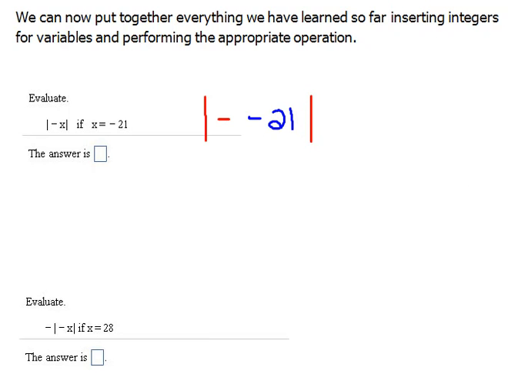And we're replacing that something with negative 21. We'll look within this absolute value bar. This literally says the opposite of negative 21. And the opposite of negative 21 would be positive 21. Now we still have to do our absolute value bars. So 21 is 21 units from 0.